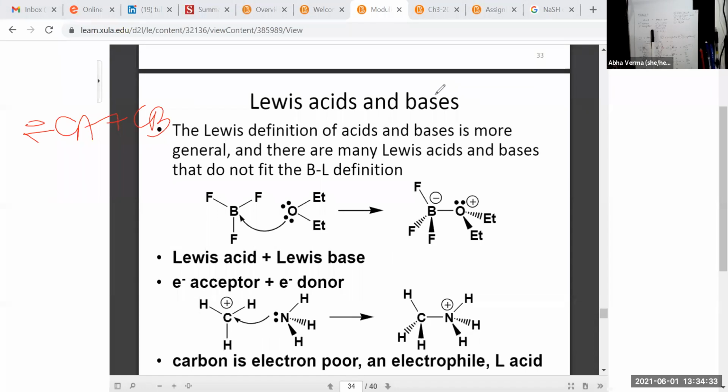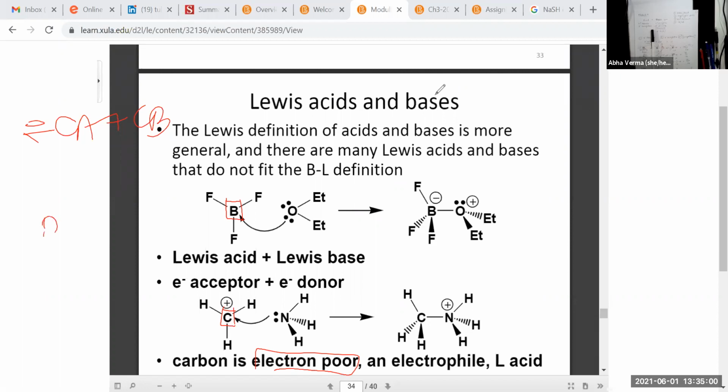However, remembering your module 1, where we have learned some exceptions to the octet rule, we will see that borane and sp2 carbons are electron poor. They are so electron poor that even hydrogens cannot compete in front of them.